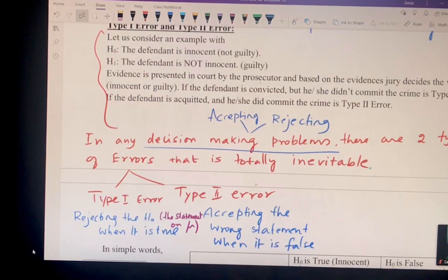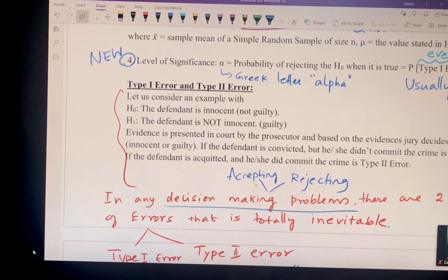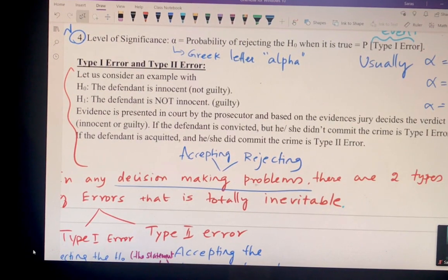So this is the example that I'm giving you. Let's consider an example where the statement on my null hypothesis is the defendant is innocent, not guilty. The alternate hypothesis is the defendant is not innocent, or guilty. The evidence is presented in court by the prosecutor, and based on the evidence, the jury decides the verdict, innocent or guilty, obviously.